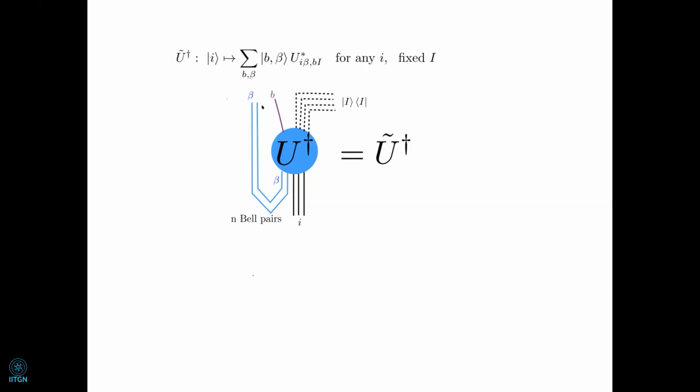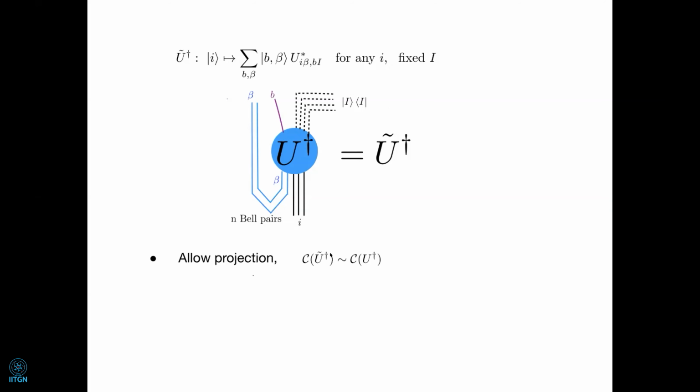From this point of view, it looks like this operator is not that complex. But the key point here is that we need to do this post-selection. We need to do this projection. And projection is not a unitary operator.